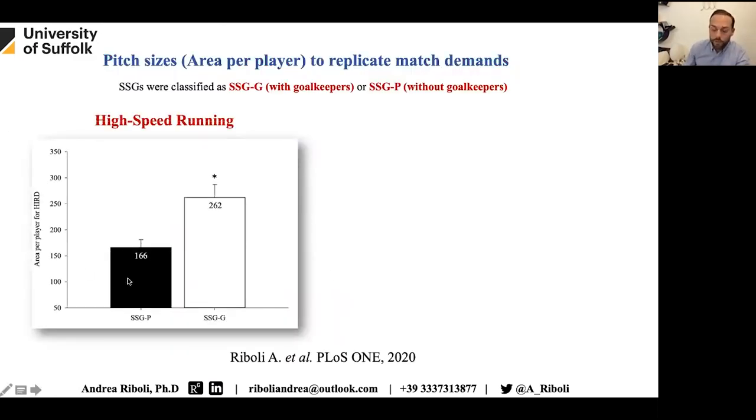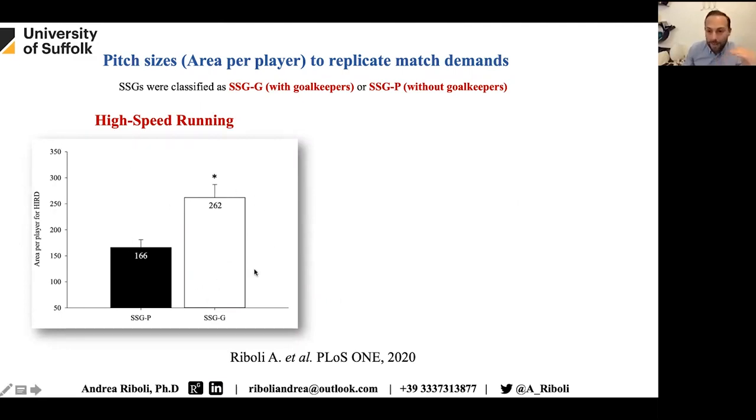What we found. In this first graph, you can see the area per player during small-sided games to replicate the high-speed running. We analyzed both small-sided games with goalkeeper and small-sided games possession play. The black bars are small-sided games without goalkeeper, so small-sided game possession play. As you can see, we should utilize about 160 square meters per player to replicate match demands for high-speed running using small-sided game possession play.